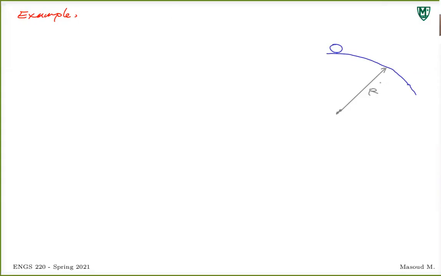Hopefully, the way I draw it makes sense, but maybe I should have made it more steep right here. Let's do it this way. This is part of a circle, and it gets separated. And let's say that's where it separates.